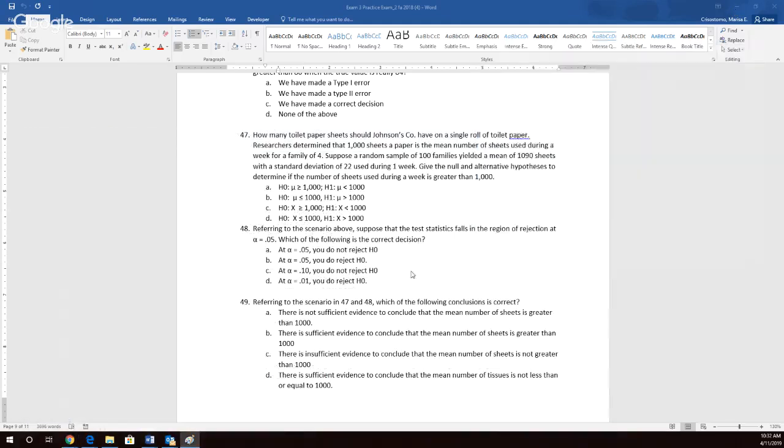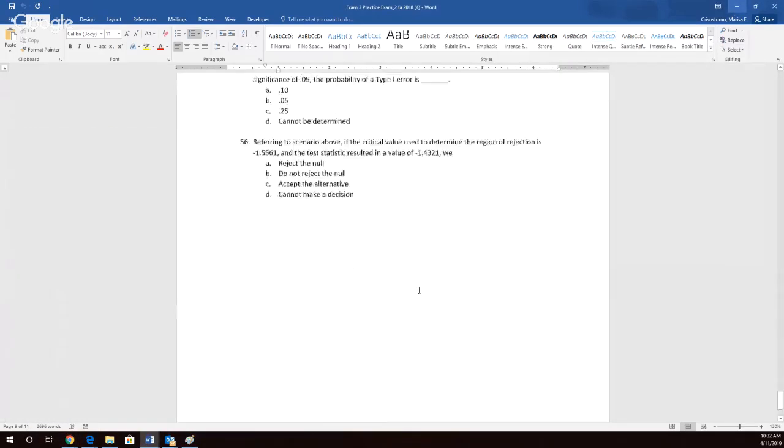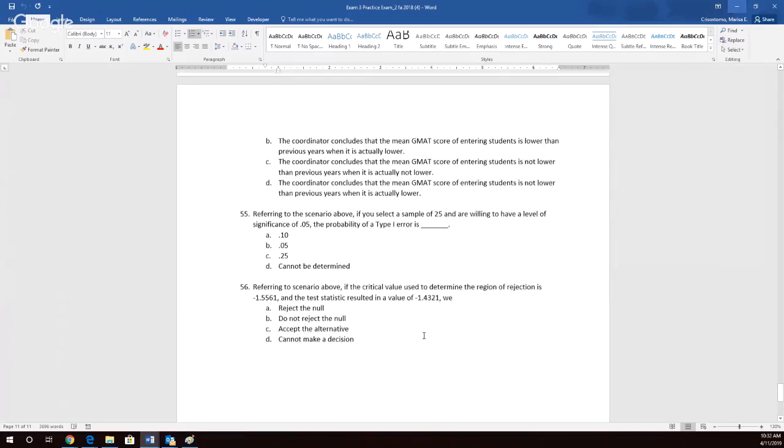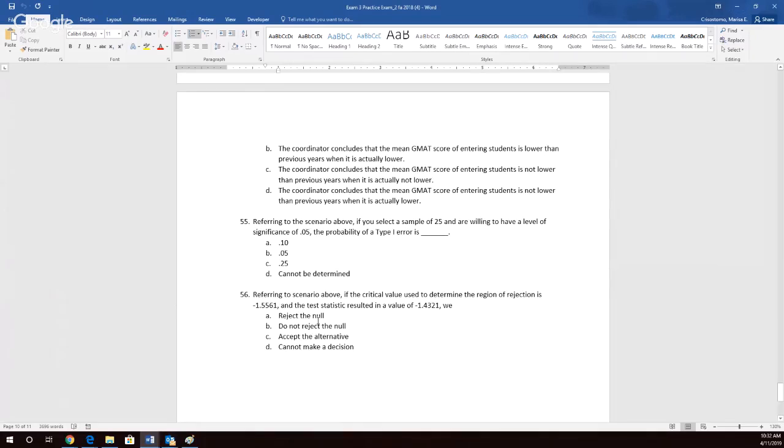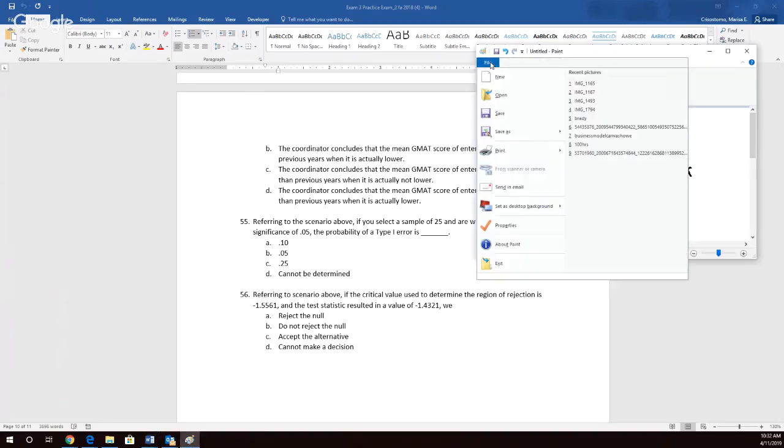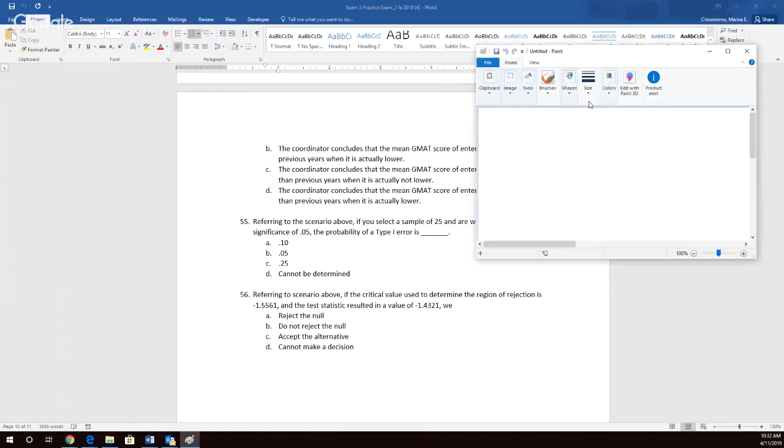I think there might be a question, like 56, for example. Let's look at 56. If the critical value used to determine the region of rejection is negative 1.5561, and this test statistic resulted in a value of negative 1.44, we would, okay, so remember your critical values determine your region of rejection and your region of non-rejection.